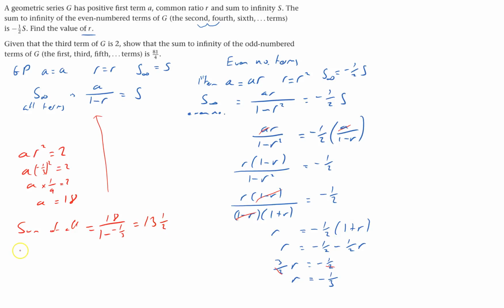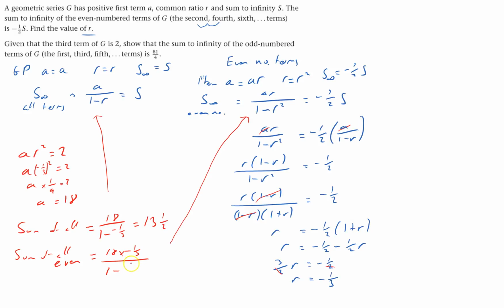And that equals 13.5. And the sum of all even numbered terms equals this bit here. So AR, so it'll be 18 times negative 1/3 over 1 minus R squared.